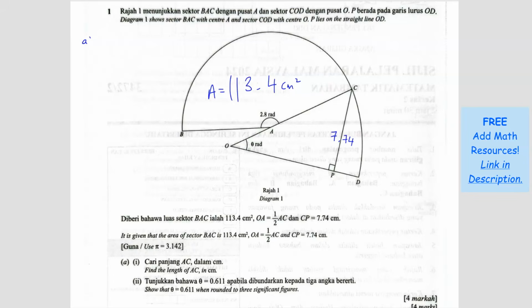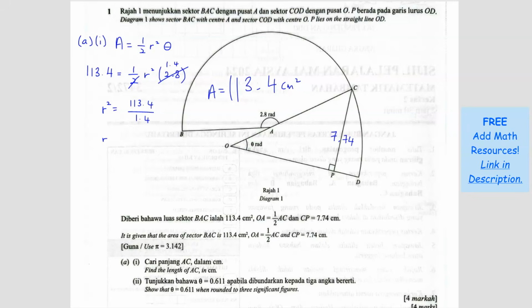So question A1. Area of sector formula is 1/2 r square theta. So A is 113.4 equals 1/2 r square, theta is 2.8. We can simplify this, you get 1.4. So r square equals 113.4 divided by 1.4.